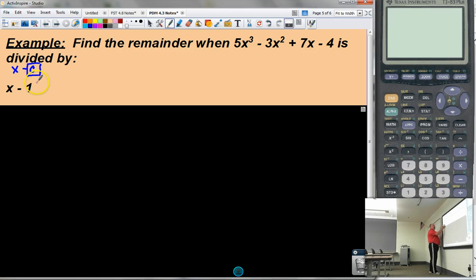So if I see minus, whatever comes after the minus is my c value. So here, if I see x minus 1, c is equal to 1. Then what the remainder theorem says is the remainder can just be found by taking the polynomial and plugging in 1.